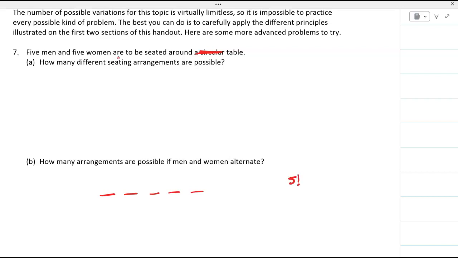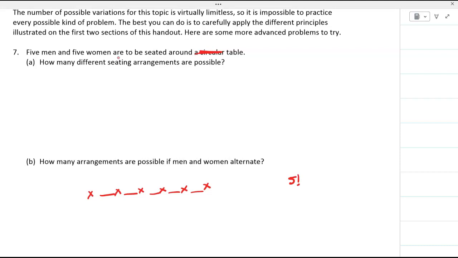Assuming they're sitting with one space left in between, now how many places will the men get? They need 5 places, and they get 6 options.